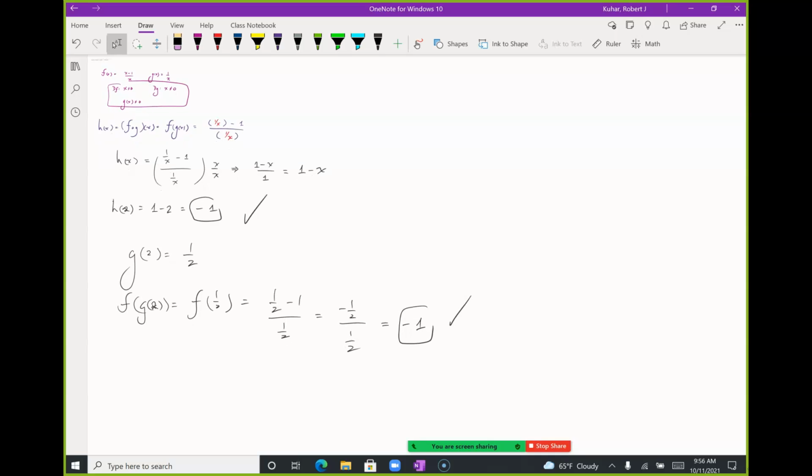Professor, could you explain why you multiplied h of x by x over x? Yes, whenever I have something called a complex fraction, fractions within fractions, I always want to do this little LCD thing. And we did that with our difference quotient. Remember that? It's called clearing fractions.